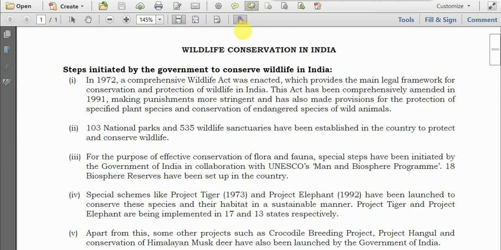So let us read. Wildlife conservation in India. So what are the steps initiated by the government to conserve wildlife in India?